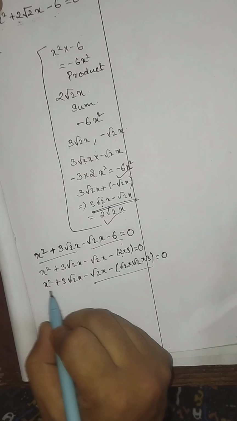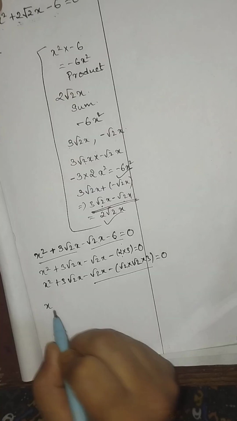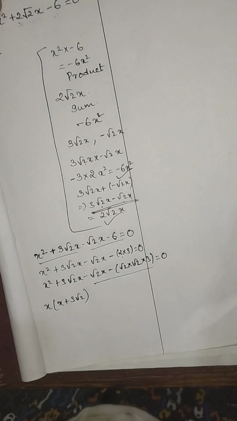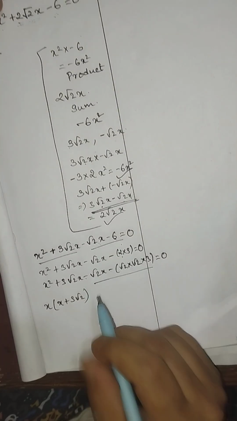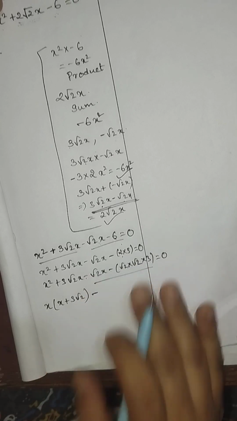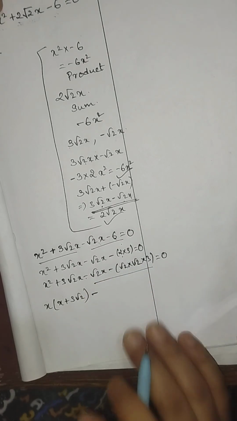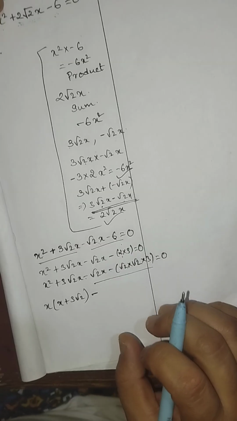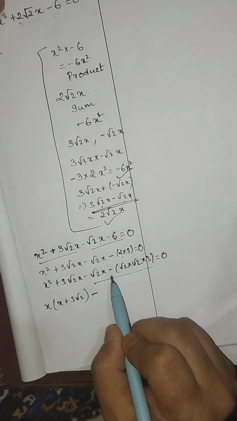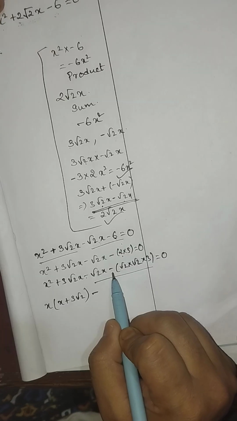ठीक है. So from the first group I am going to take x out, ठीक है. So if I take x out I am left with x plus 3√2, ठीक है, fine. In the second group we can see minus sign is common, so I will take minus sign out. Here you have to be careful because it's quite sensitive, because बच्चे क्या करते हैं, like maximum errors जो होते हैं, like it occurs here. Why? Because they take the minus sign out but they forget to change this sign which is inside.